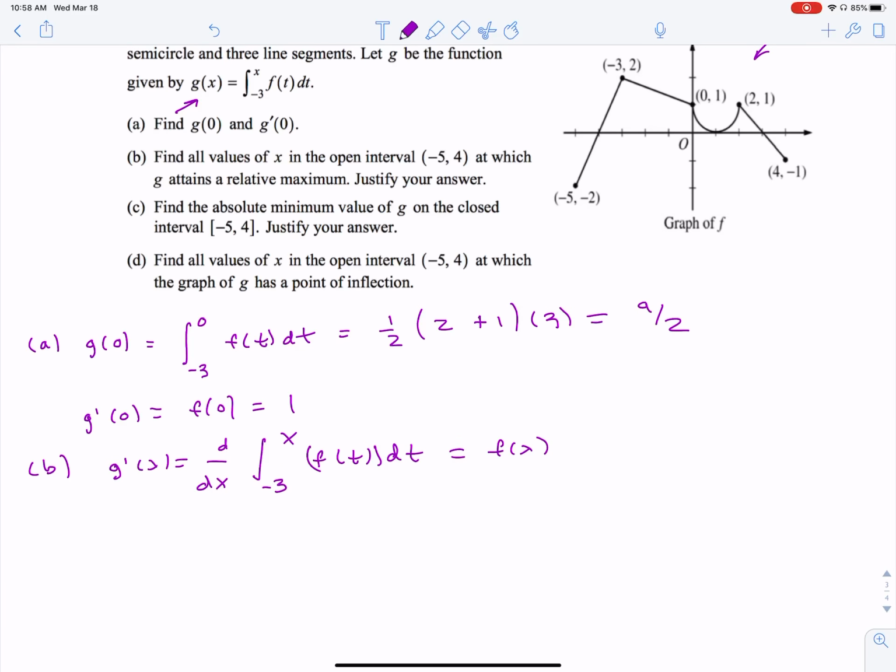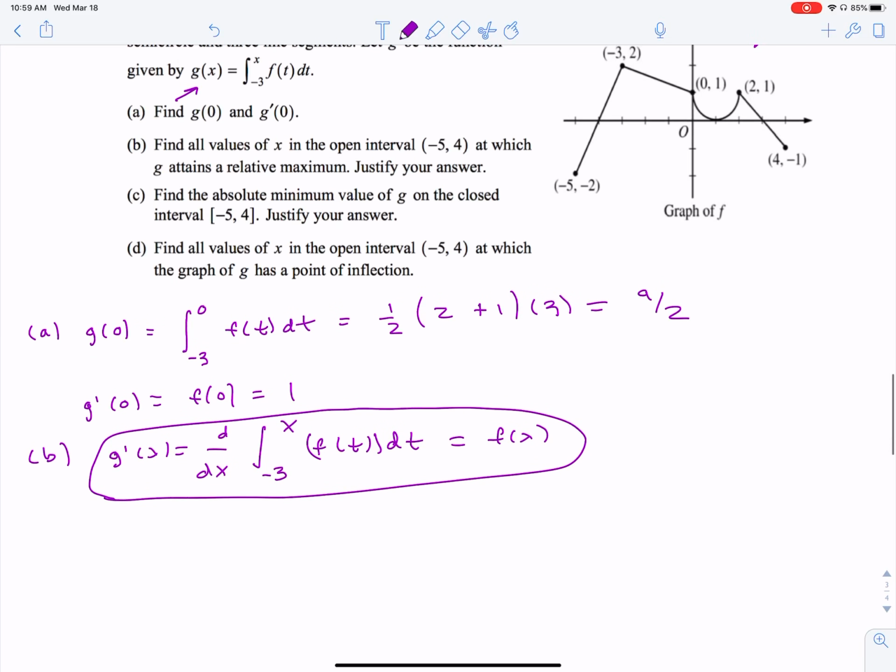Now, this explanation is not really needed as part of the answer; I'm just explaining it to you guys. What's really needed is to find those values.